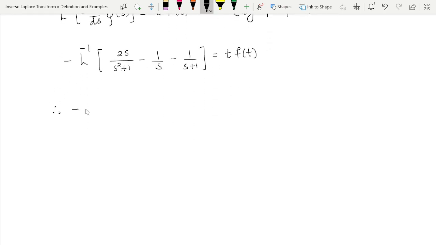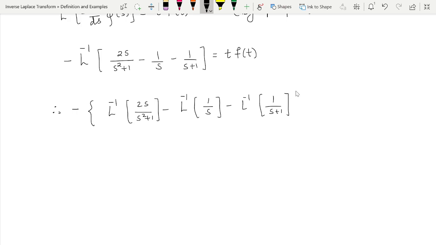Therefore minus times, inside the bracket it will be L inverse of 2s upon s square plus 1 minus L inverse of 1 upon s minus L inverse of 1 upon s plus 1, which is equal to t multiplied by f of t. Now let us put this minus sign inside everywhere.